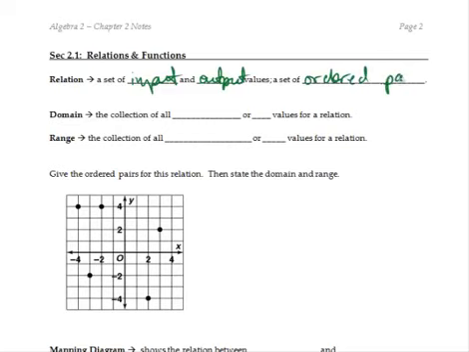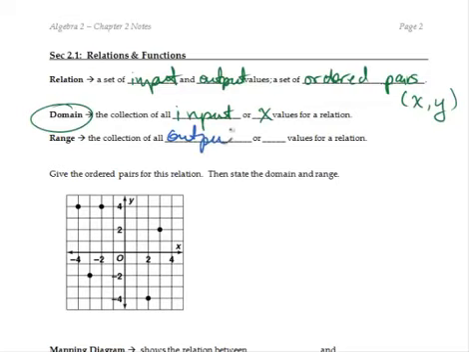Remember, normally we think of ordered pairs as being x's and y's, and that's exactly what a relation is. It's some x and some y together. So the input values here, those are the same as the x values, and we call those the domain, whereas the output values, or the y values, those are what we call the range.